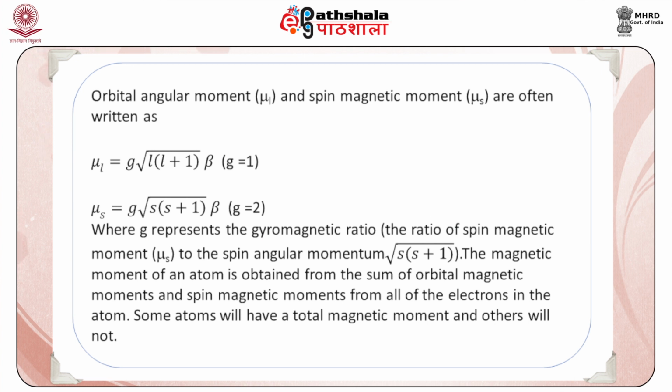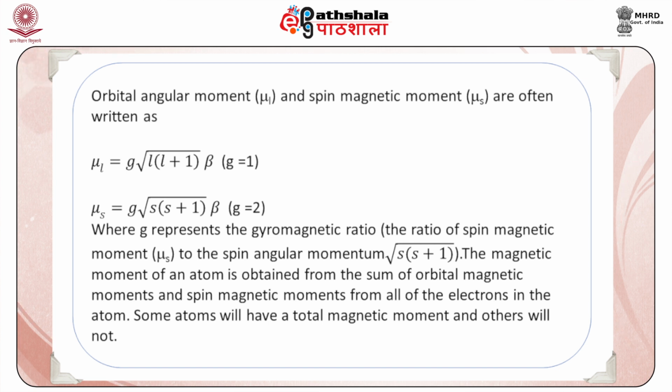Orbital angular momentum μ_L and spin magnetic moment μ_S are often written as μ_L is equal to g√(L(L+1)) β, where g is equal to 1, and μ_S is equal to g√(S(S+1)) β, where g is equal to 2, where g represents the gyromagnetic ratio, the ratio of spin magnetic moment to the spin angular momentum.